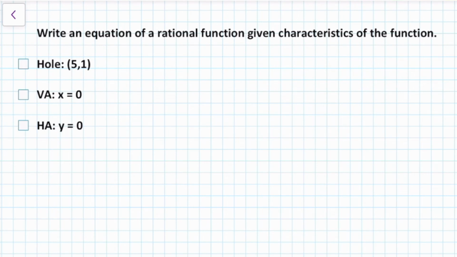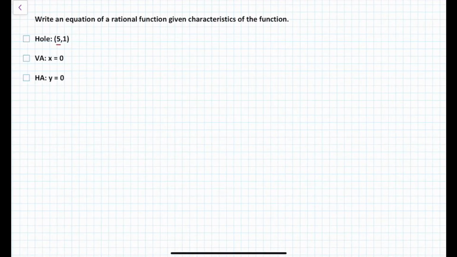Here's another one. So write the equation given these characteristics. Okay, in this case, we're given a hole in the function. So we know we have to have two factors that cancel out when x equals 5. So remember that has to be x minus 5. It'll be the opposite sign there.